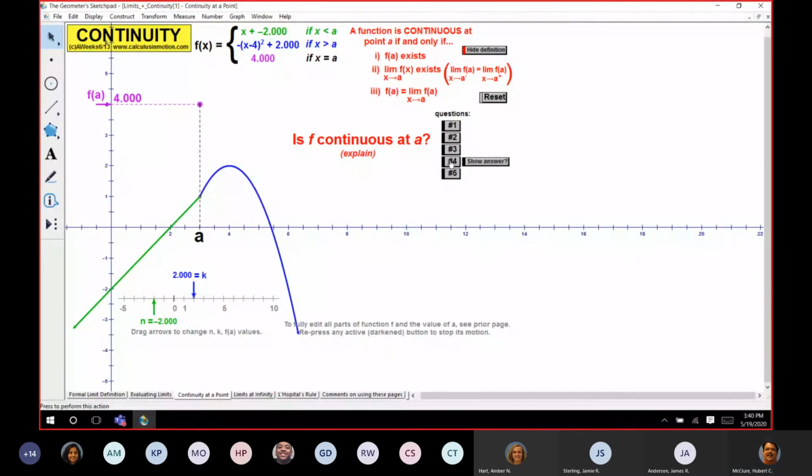This one: a function is continuous at point A if the function at A exists and the limit exists from the left and the right. I don't want to get into this one too much because I need to get to the algebraic, but the more you move these around, I can make that one right there just about right there on top.